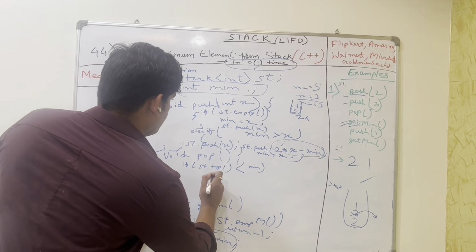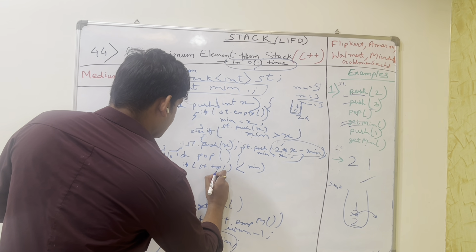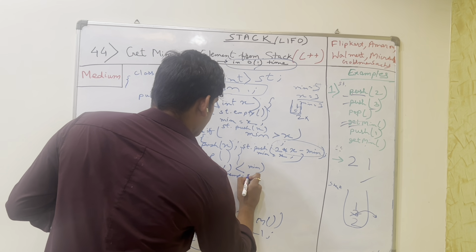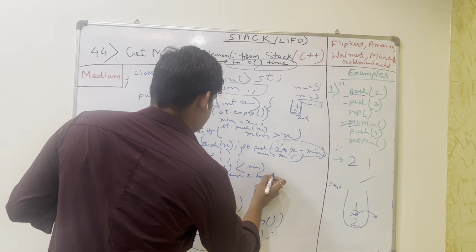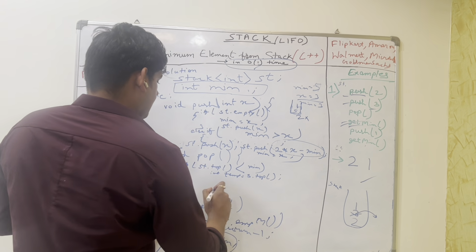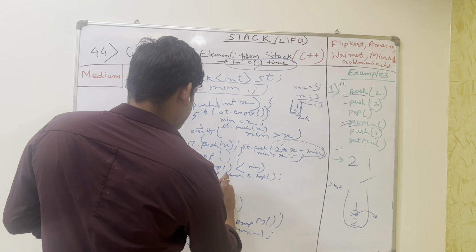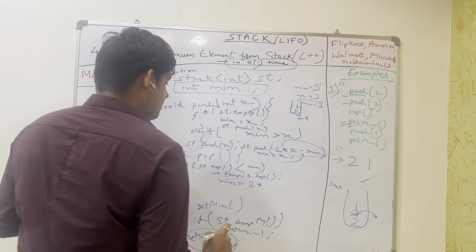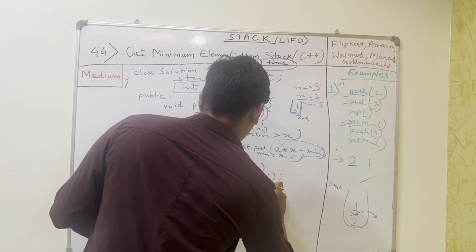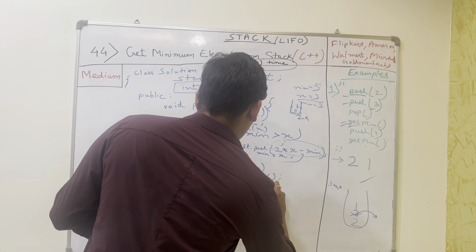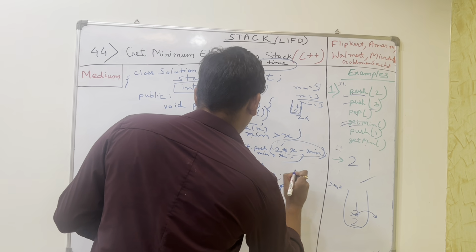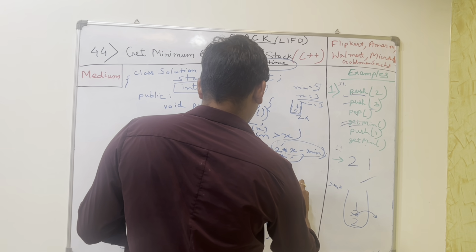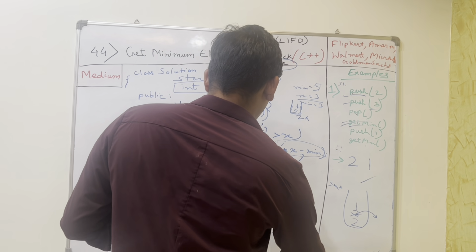So if this is the case, what I will do is have int t or temp equal to s dot top, and my minimum value would become 2 into min minus t.